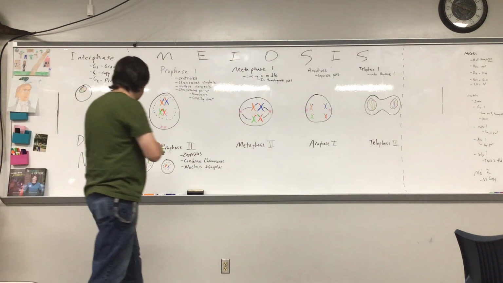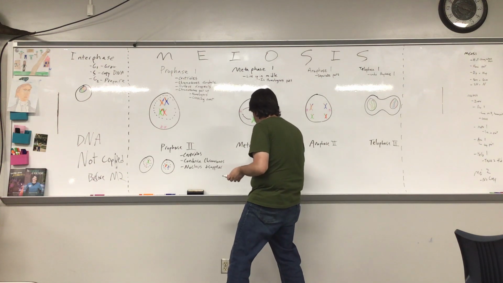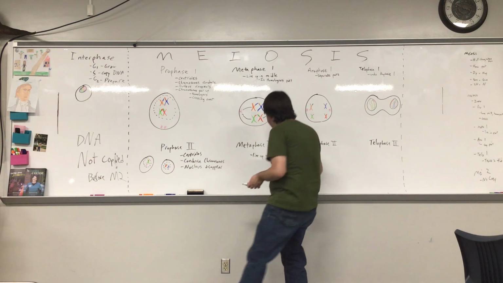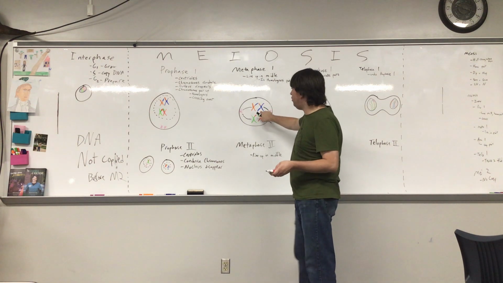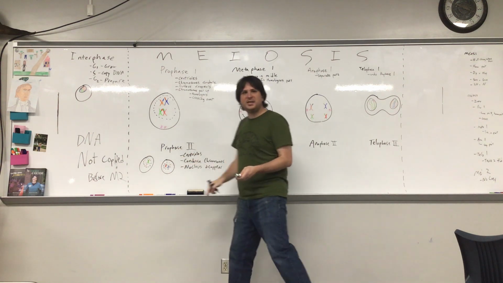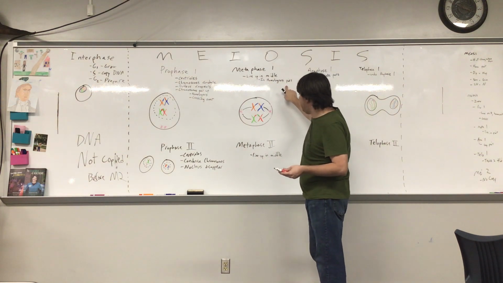Then when we move to metaphase, you line up in the middle, but orange and blue are not in the same cell. Green and red, not in the same cell. So we are not in homologous pairs.